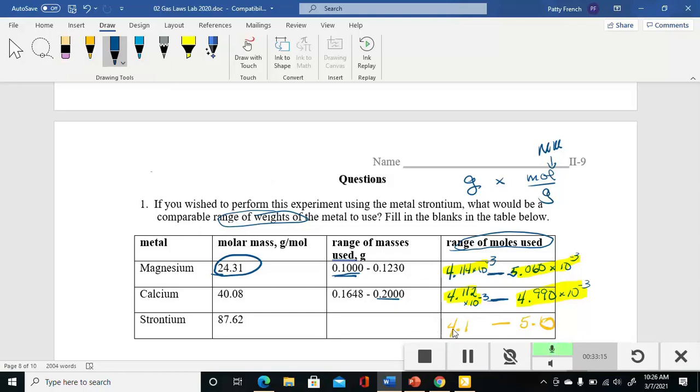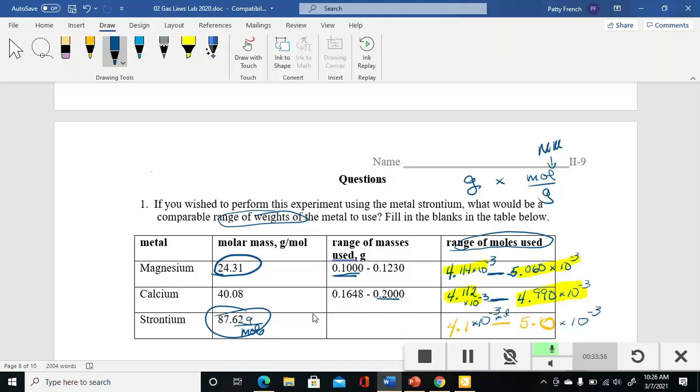So now we just need to multiply our 4.1 times 10 to the minus third to 5.0 times 10 to the minus third. Now we looked up our strontium mass and put it in there. So now all we have to do is multiply 4.1 times 10 to the minus third moles times 87.62 grams and figure out what we have for the lower end of our range.